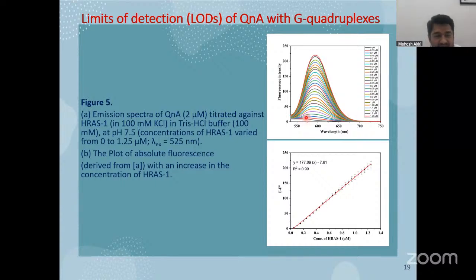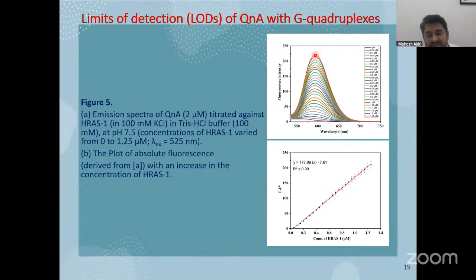As the concentration of HRAS1 was increased in 0.05 equivalent increments, the fluorescence peak at 595 nanometers intensified and exhibited a red shift.